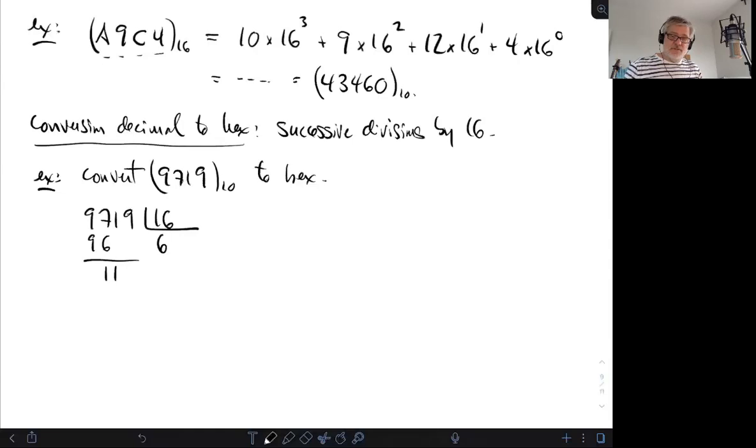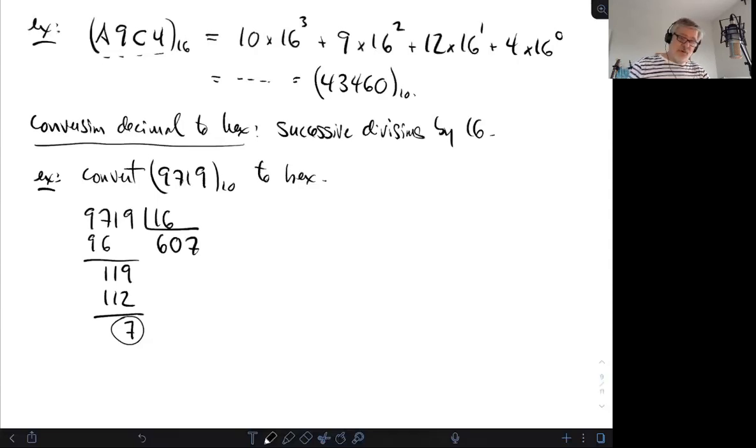How many times does 16 go into 11? It doesn't go at all, so that's 0. Bring down the 9. 119, I'm going to cheat here. I'm just going to look at my notes because otherwise it's going to take forever. 16 times 7 is 112. So that'll leave a remainder of 7.